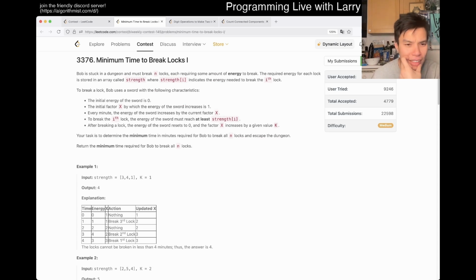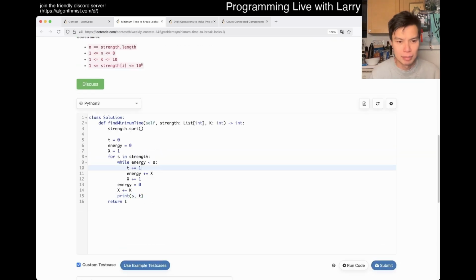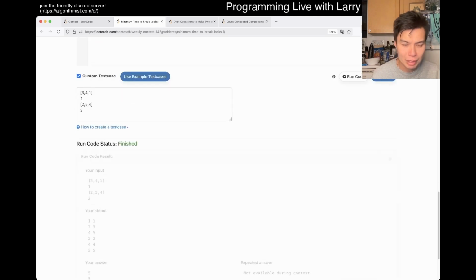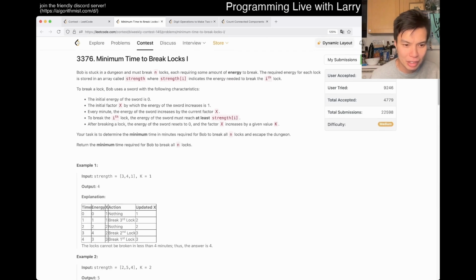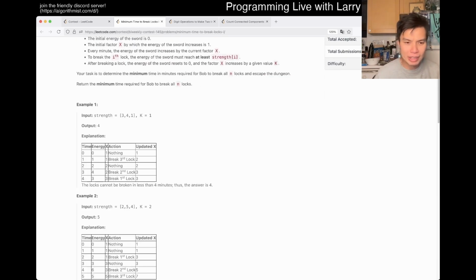The initial factor x by which the energy of the sword increases is 1. Oh, I misread this. Okay, so you don't increase x every 1. I misread this, but I think this is fine. Maybe, no, it's pretty not. Oh, well, maybe greedy is not the way to go then.